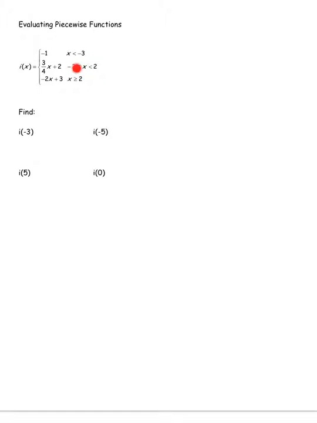Yep, it's equal to -3, so we're going to use that middle piece. So 3/4 times -3 plus 2. Grab a calculator, I imagine, and get -0.25, -1/4, if you left it as a fraction.